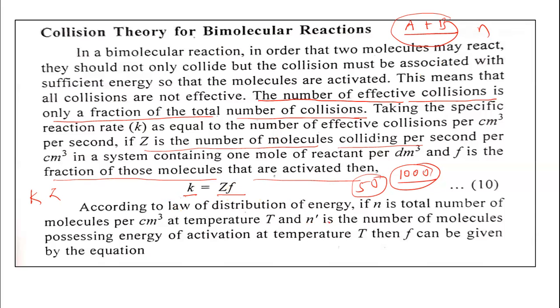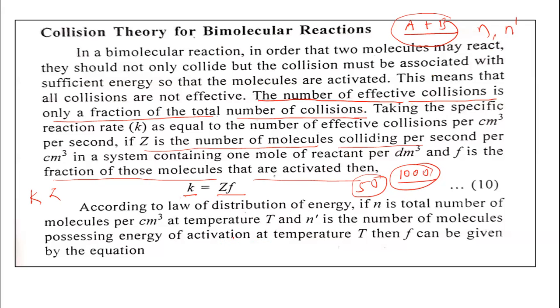Then N dash is the number of molecules possessing energy of activation, because molecules get activated. So N dash is the number of molecules possessing energy of activation at temperature T.